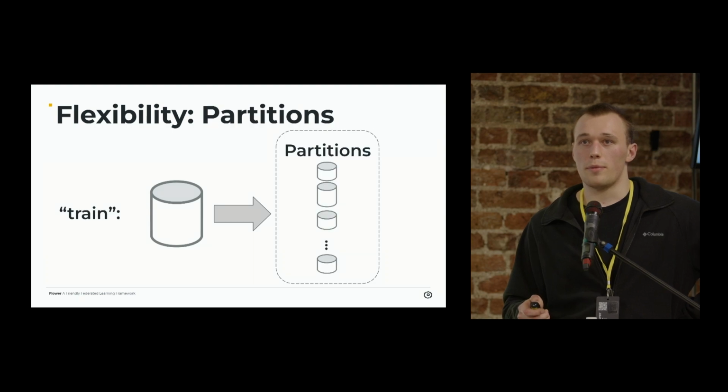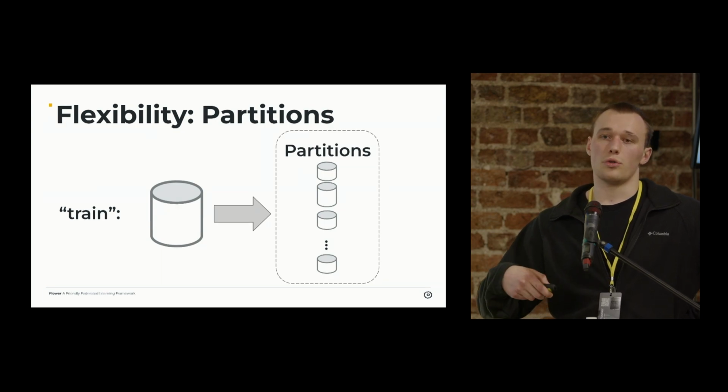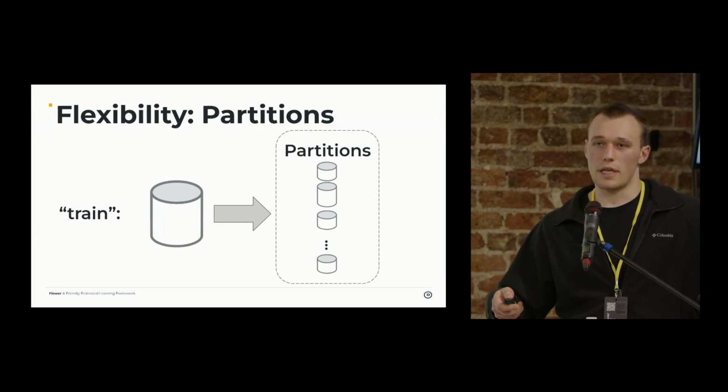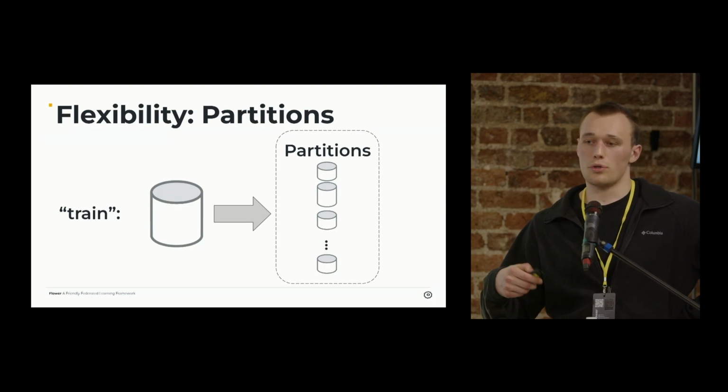Just coming back maybe, partitioner: you create, for example, train, and you create a Dirichlet partitioner to partition the train split of the dataset. What you can then do, you're not limited to using a single one.